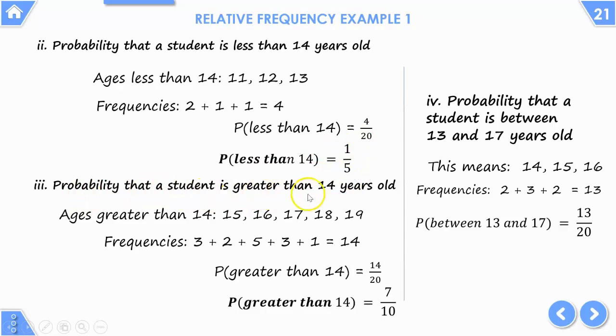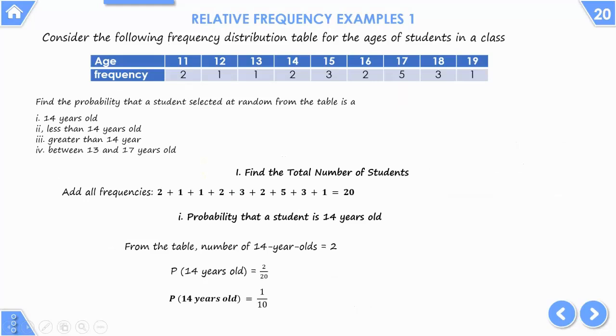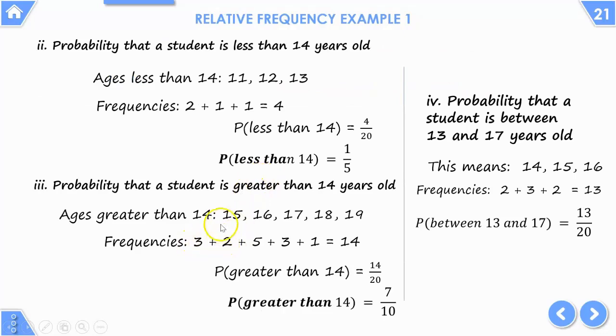Now, the probability that the student is greater than 14 years old. The ages greater than 14 are 15 to 19, right? And the frequencies are 3, 2, 5, 3, 1.